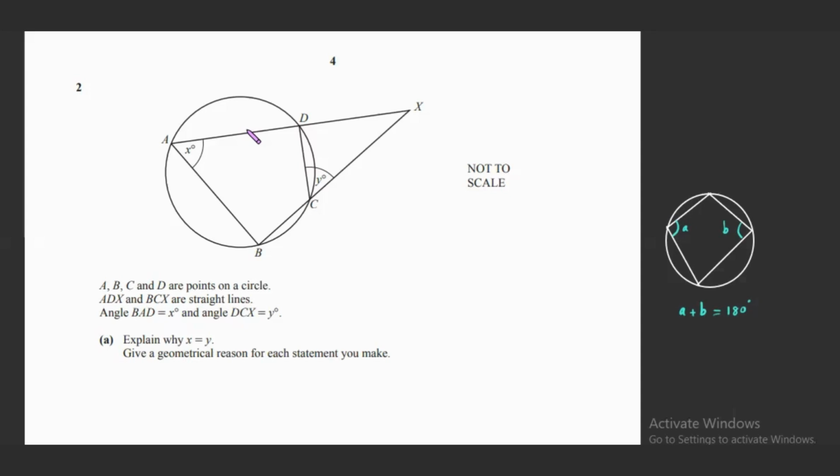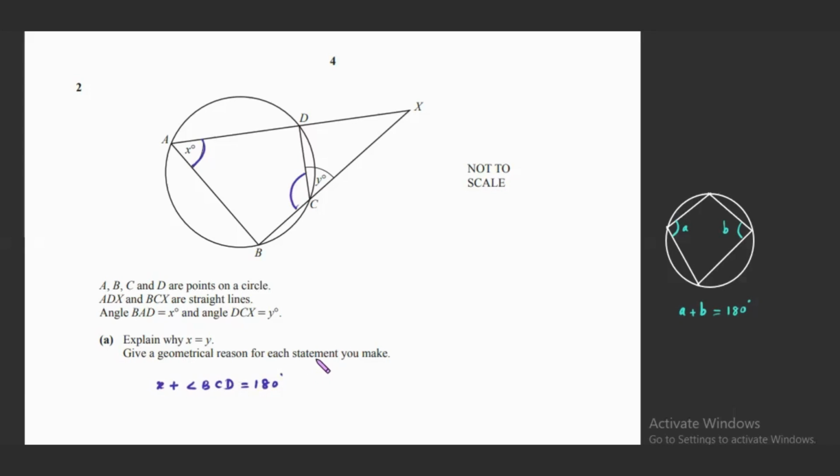One of them is that the opposite angles in a cyclic quadrilateral make a sum of 180 degrees, which means for this angle, the opposite angle will be this one. So these two together will make a total of 180 degrees. So I can say that X plus angle BCD is equal to 180 degrees.